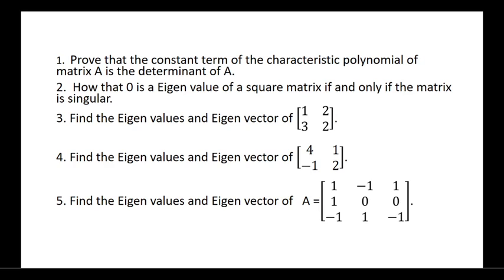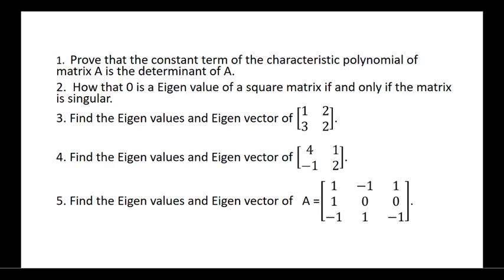Like that, we find eigenvalues and eigenvectors. Suppose for the problem A is equal to [-4, -6; 3, 5], we have to find the eigenvalues and eigenvectors.